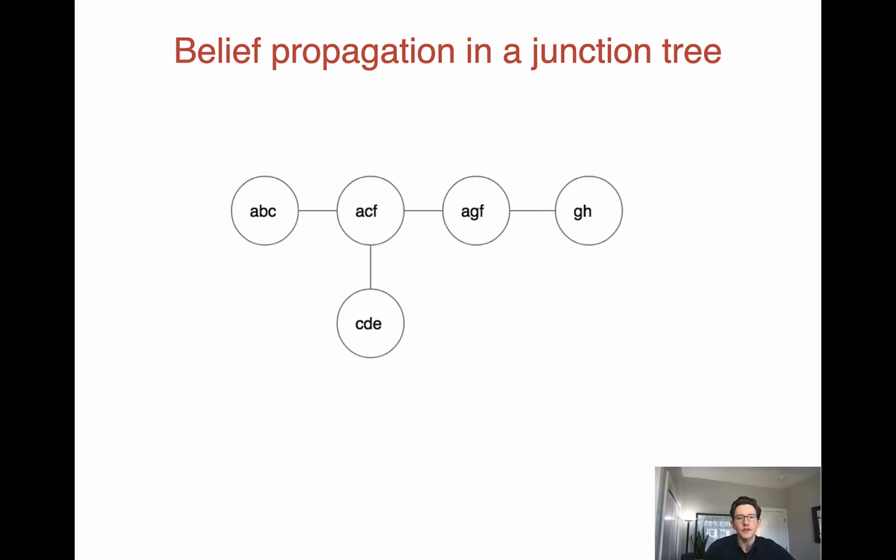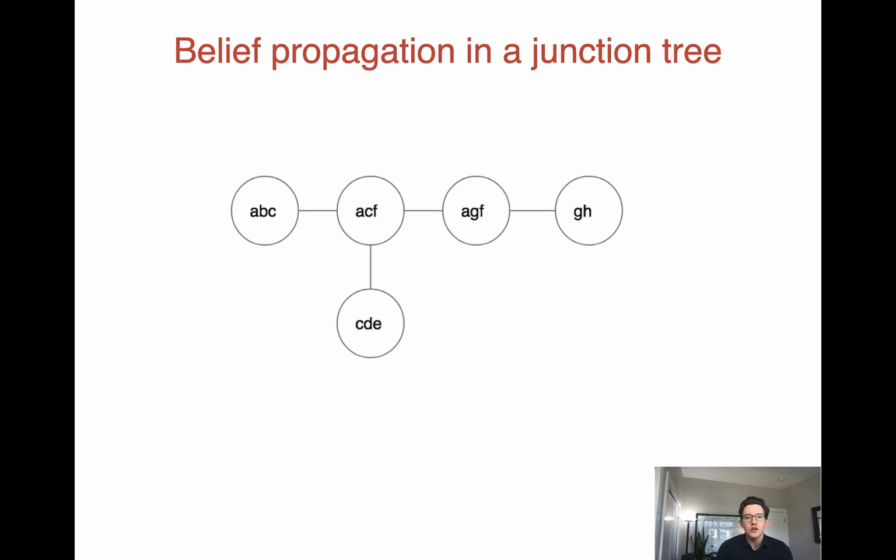I encourage you to look at the book for the formal definition, but it's really almost identical to belief propagation, except that instead of using nodes where each node corresponds to a single variable, we're using nodes where each node corresponds to a set of variables.